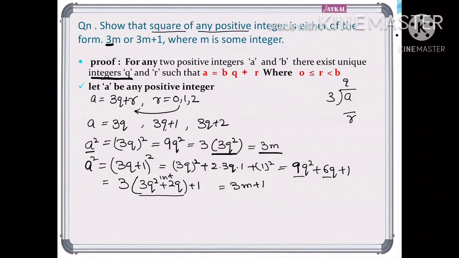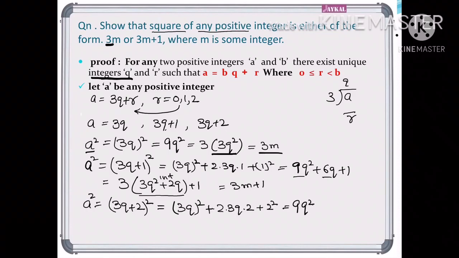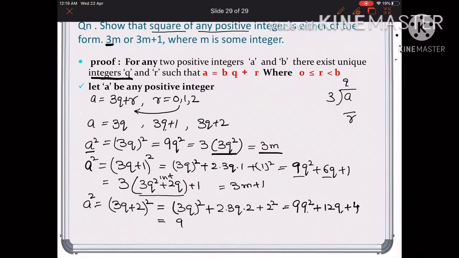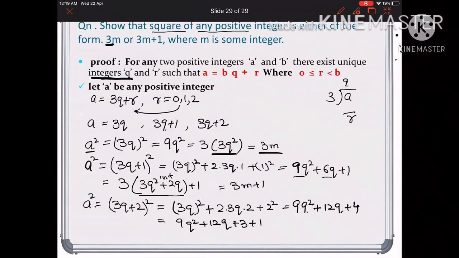Let us discuss the last case, that is a is equal to 3q plus 2. Squaring both sides and expanding, we get 9q square plus 12q plus 4. We can write it as 9q square plus 12q, and this last term 4 as 3 plus 1. By doing this, we see here that 3 is common in these first three terms.